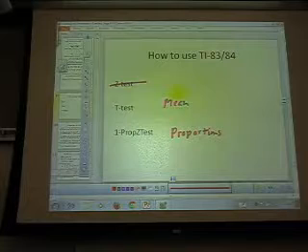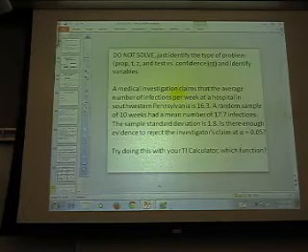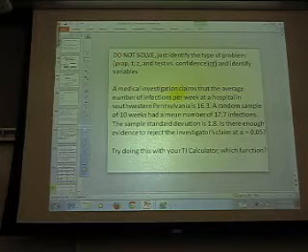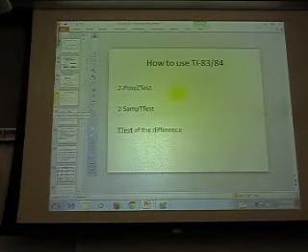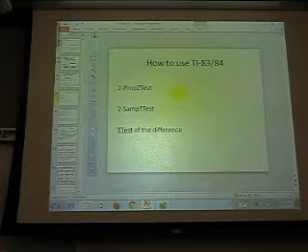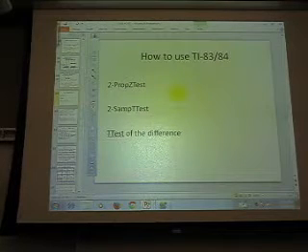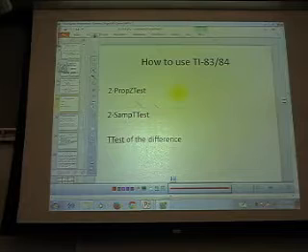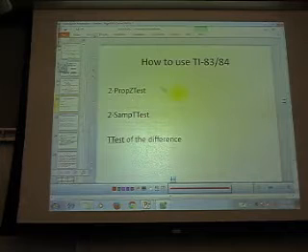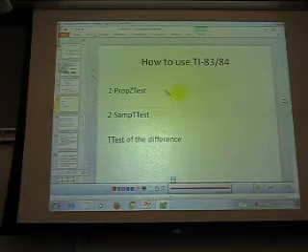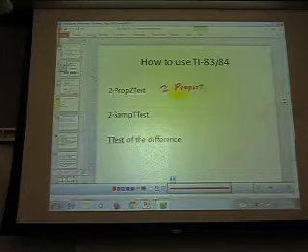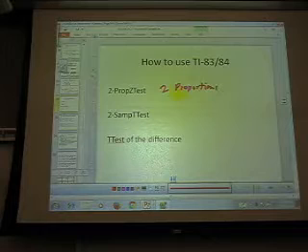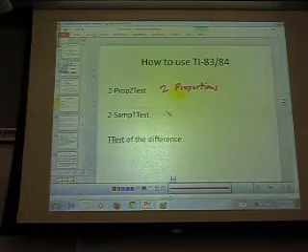And then there's also these guys here. This one, the 2 prop z-test, is for two proportions. The 2 sample t-test is for two means that are independent.